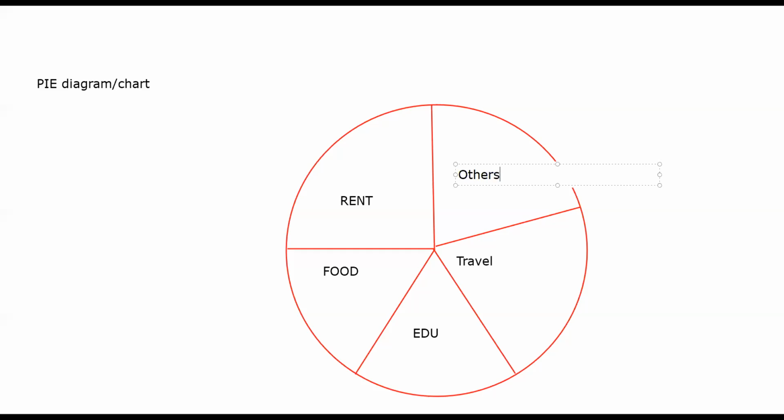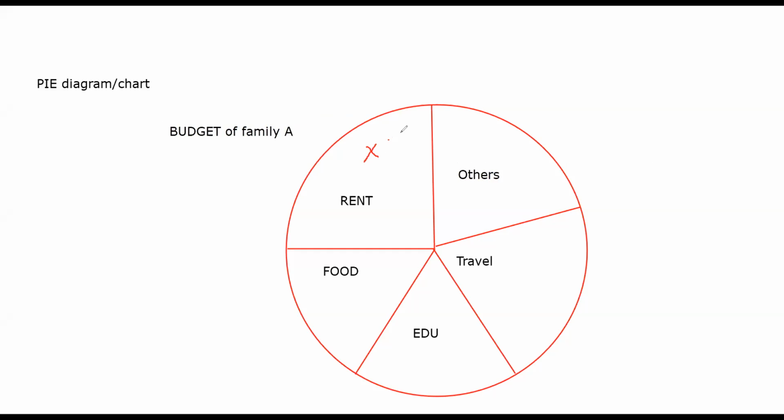Okay, so this way you can find out the budget of family A, through which you can use different percentages and try to find out the different expenditure limits.